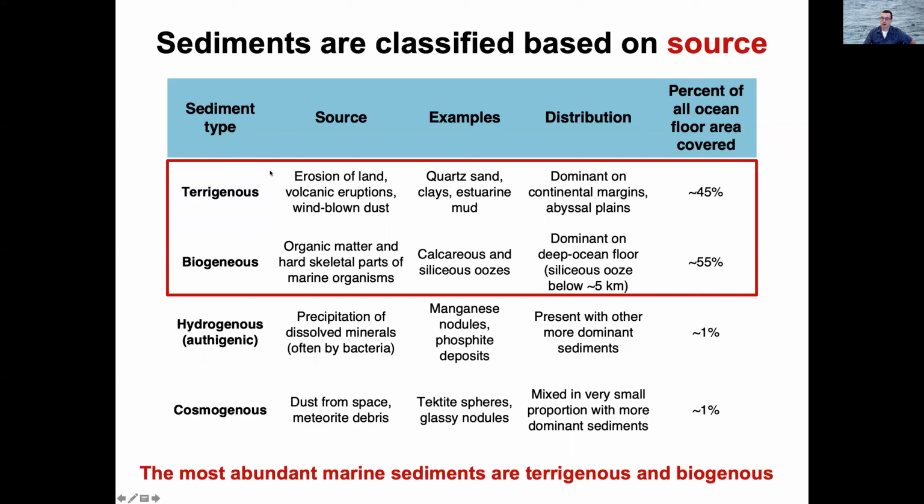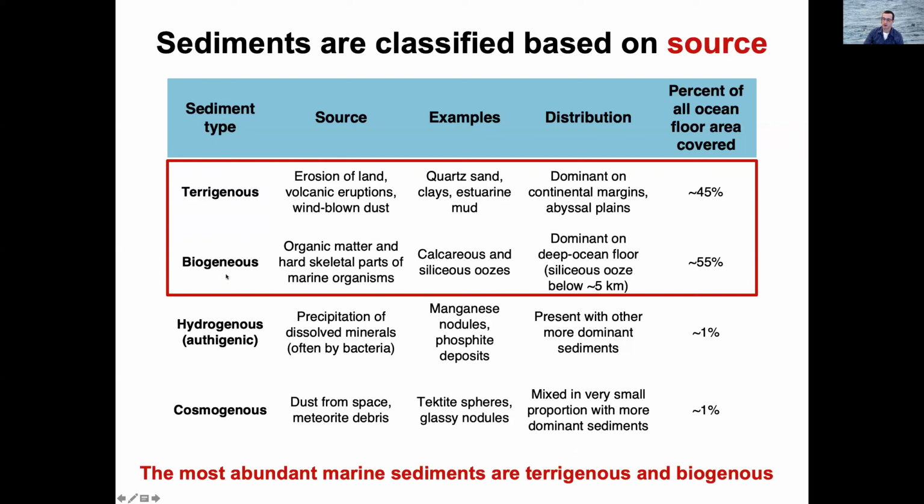Terrigenous sediments come from the land, so that's erosion of the land; quartz, clays, and estuarine mud are all from the land. It's dominant on continental margins and abyssal plains, and they occupy about 45% of the ocean floor area.